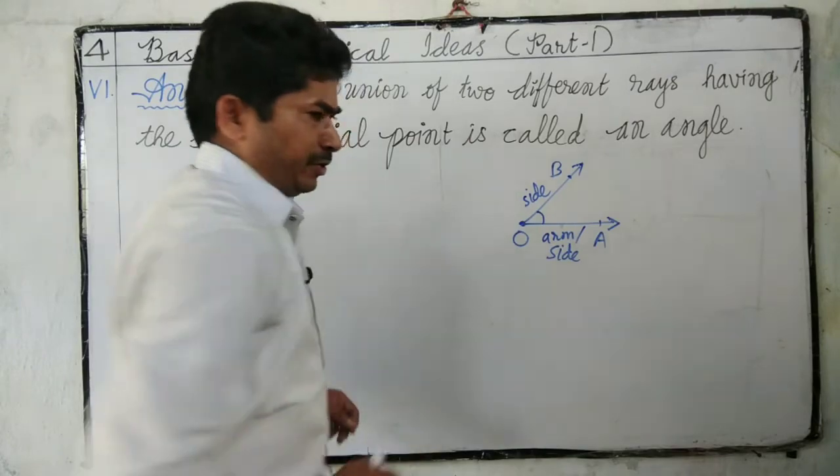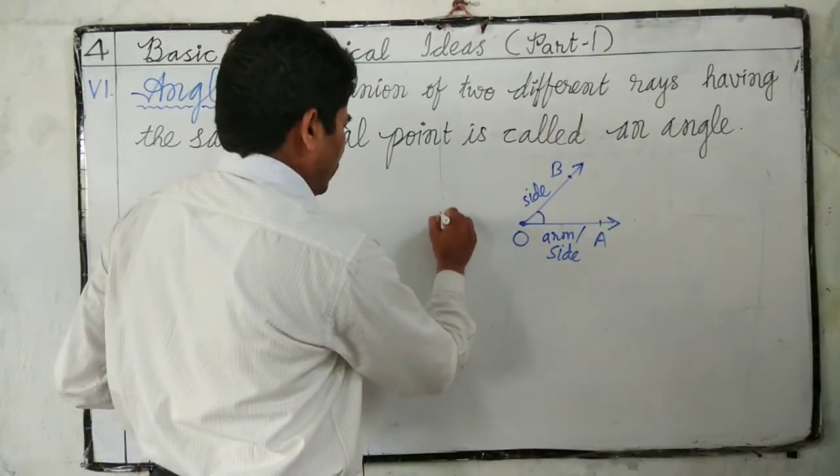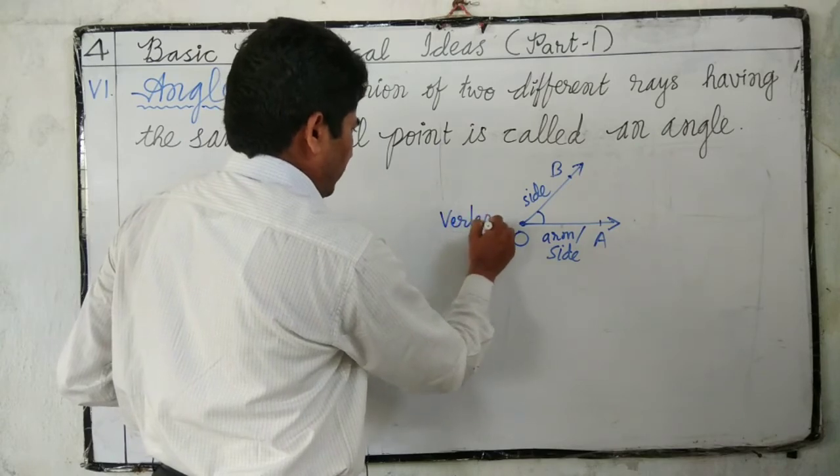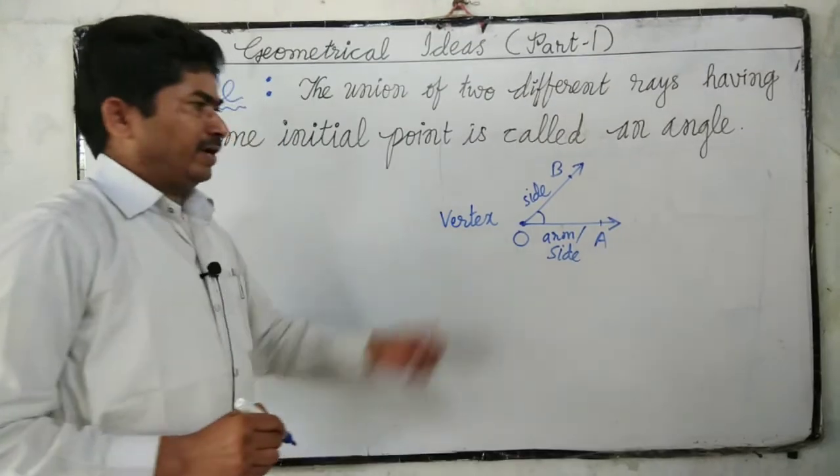The initial point, the starting point, is called the vertex of the angle. This O is the vertex.